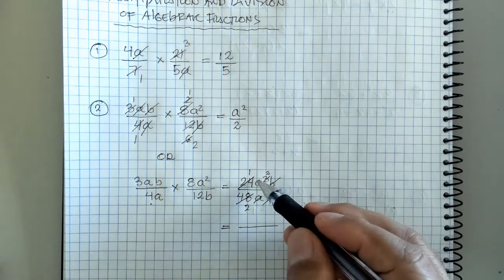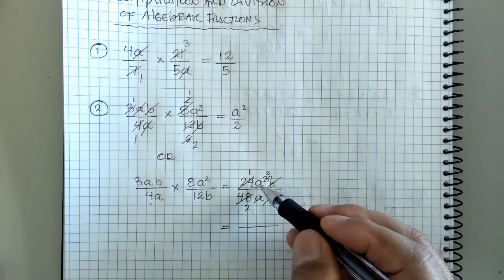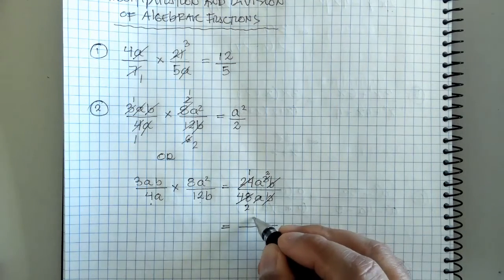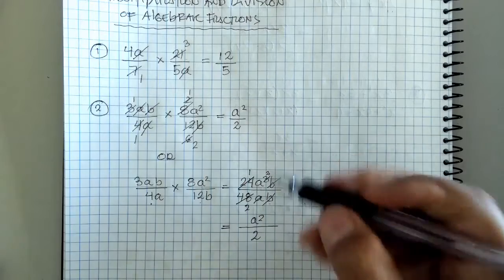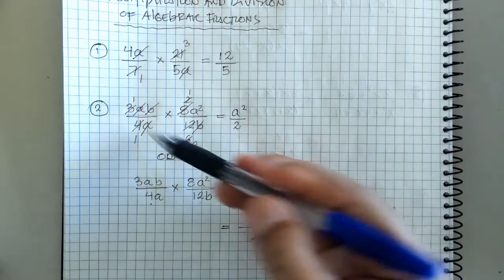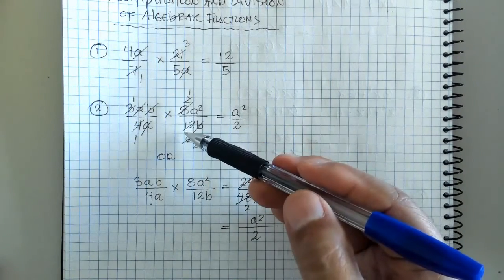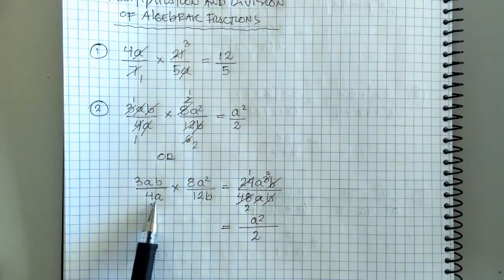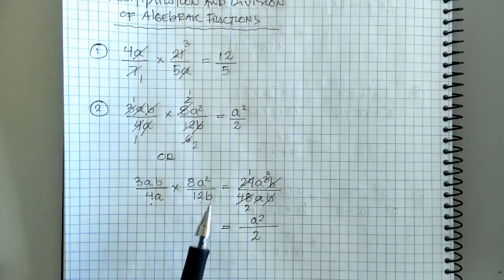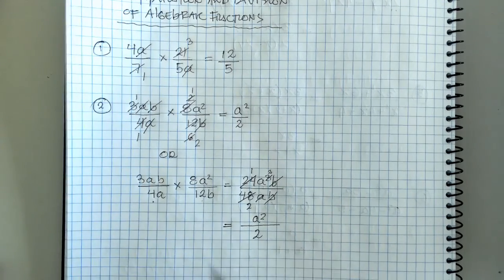You can see that the answer is still a squared on top, and the bottom is just 2. So you can simplify at the very beginning, or you can simplify after multiplying across.